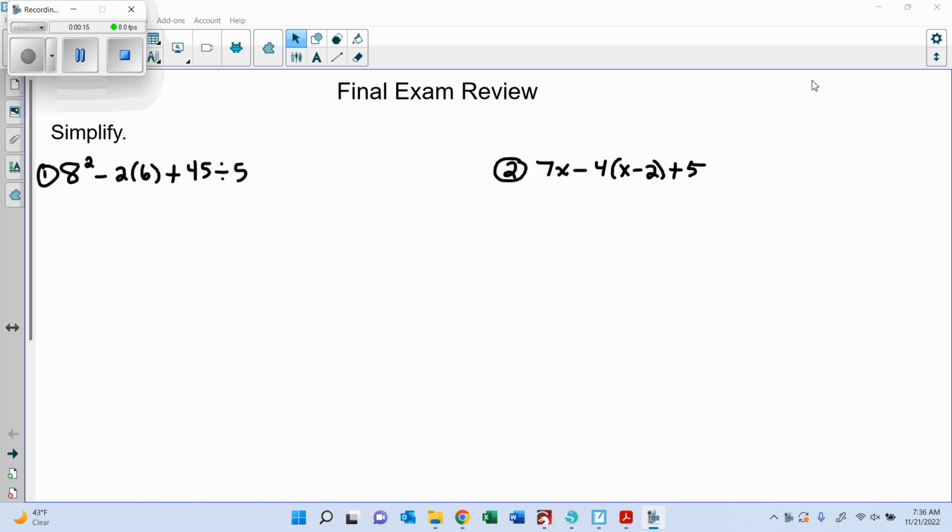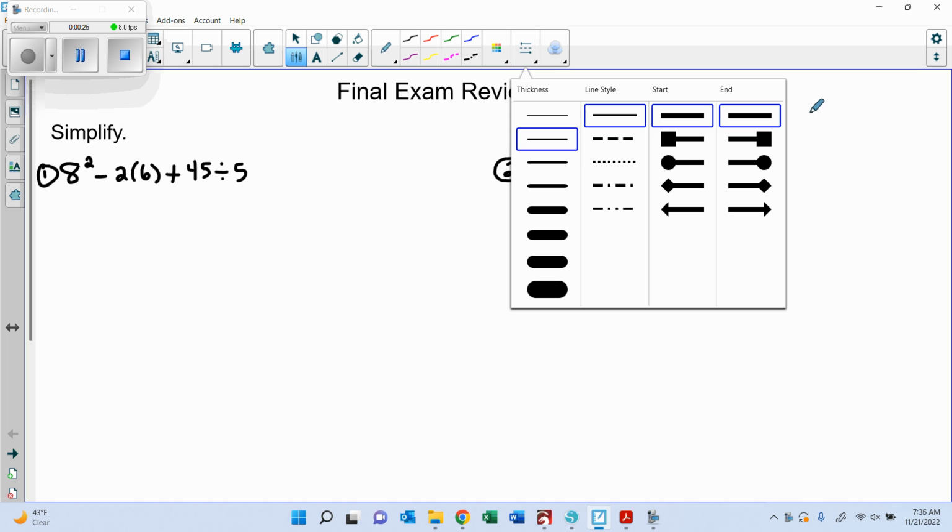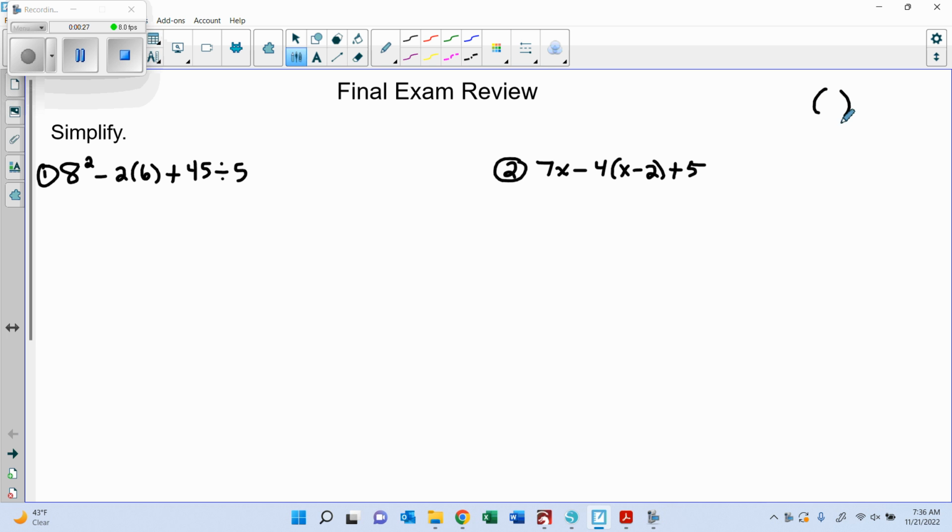As a reminder, for order of operations, your first priority would be to do parentheses, and then next you would do exponents, and then multiplication or division, whichever one you come to, addition and subtraction. And we always work left to right. So you just follow that and you just do everything as you go.